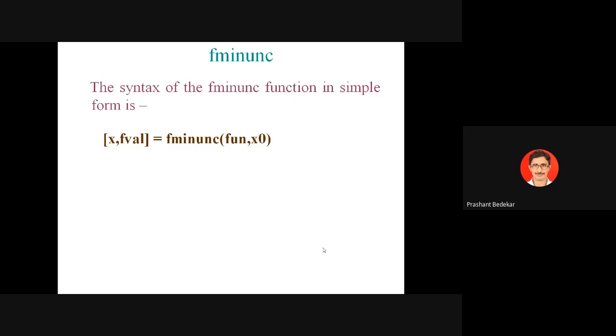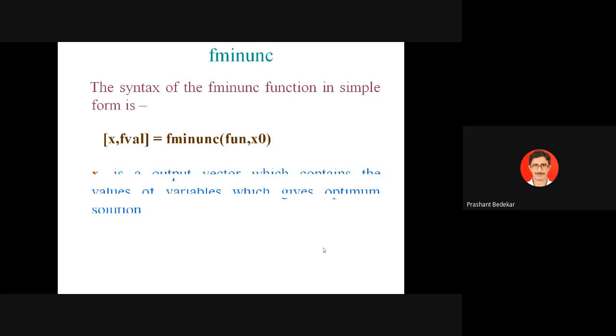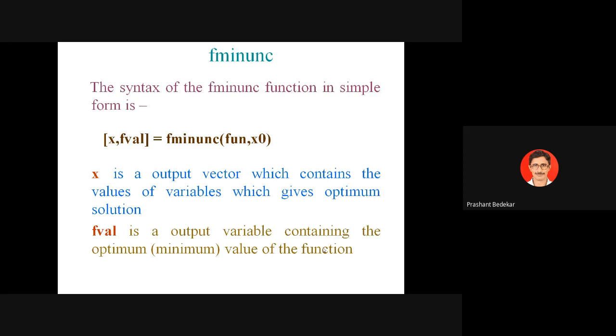Let's see the meaning of the terms. I think I did not explain what is there on the left hand side. It is very much similar, very much parallel to what we have seen in the case of linprog. x is the output vector which contains the values of variables which give the optimum solution, and fval is the output variable that contains the optimum value of the function.